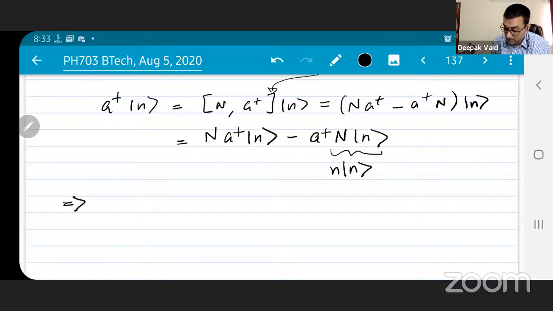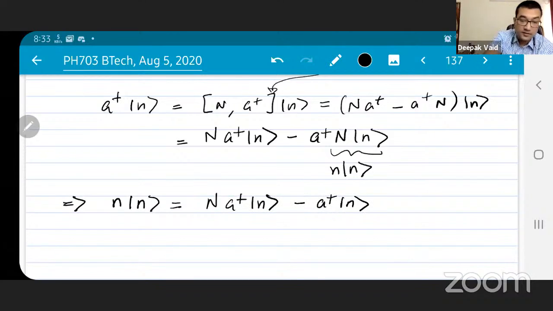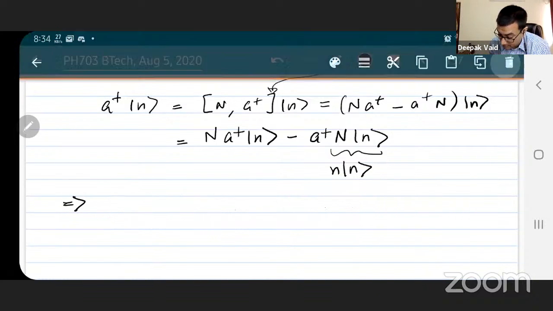So now what we see here is, we take this guy over on one side, n times n, and on the other side, what do we get? All right, because there's a negative sign here, we take n times A dagger n minus A dagger n. Oh yeah, sorry, not this.